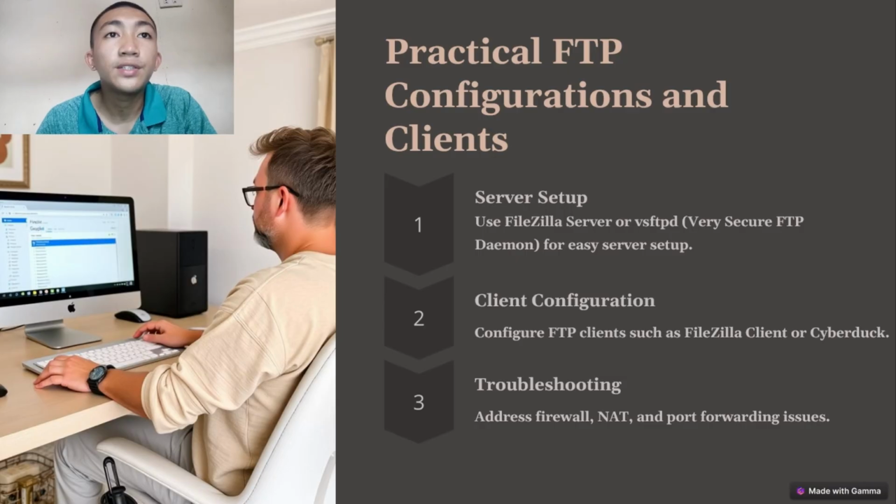Port forwarding issues can stem from various causes, including incorrect router settings, firewall conflicts, or even ISP restrictions. Troubleshooting involves verifying router configurations, ensuring firewalls aren't blocking connections, and confirming your ISP isn't blocking inbound connections.